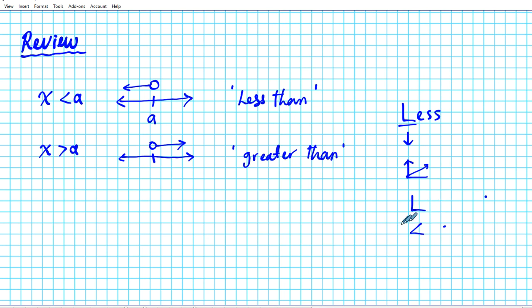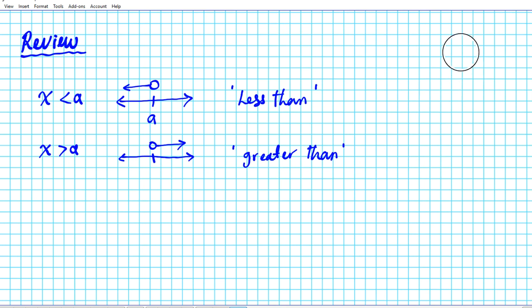They open to the right and it points to the left. So anytime you forget which is less than or greater than, ask yourself which one looks more like the L symbol. If you have less, you have this right here, which looks kind of like the L. So that should remind you that this is less and the other is greater. That's just an easy way to help you remember which inequality is which.